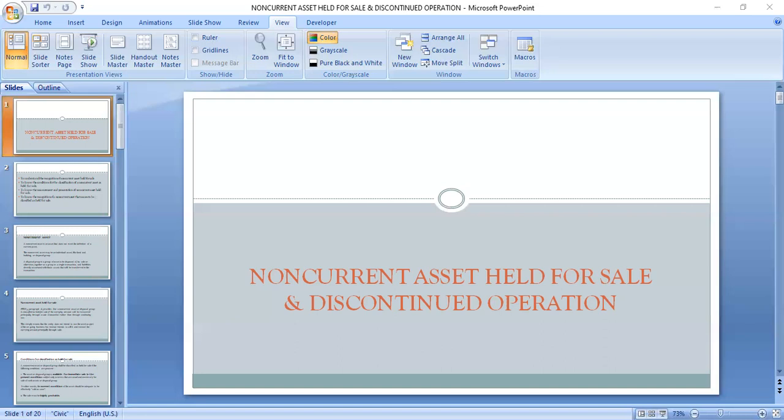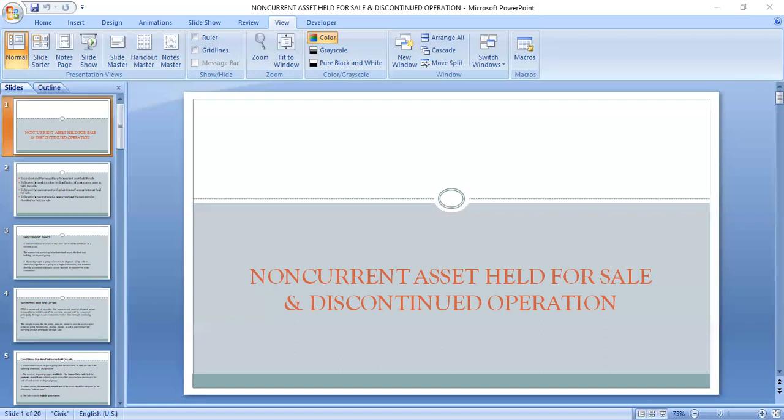An extension of the 1-year period does not preclude the asset or disposal group from being classified as held for sale if the delay is caused by events or circumstances beyond the entity's control.